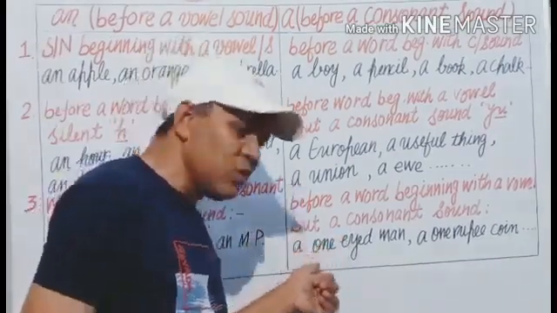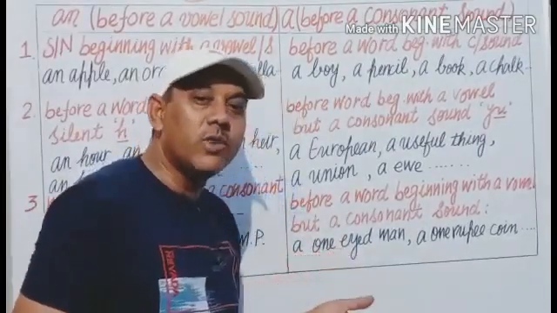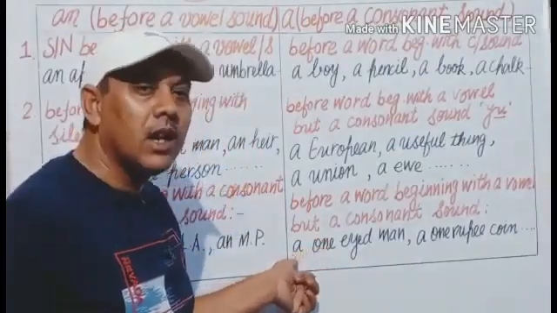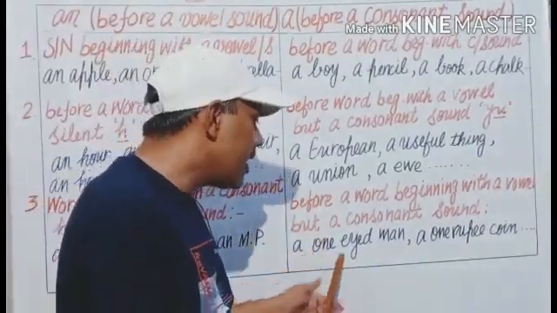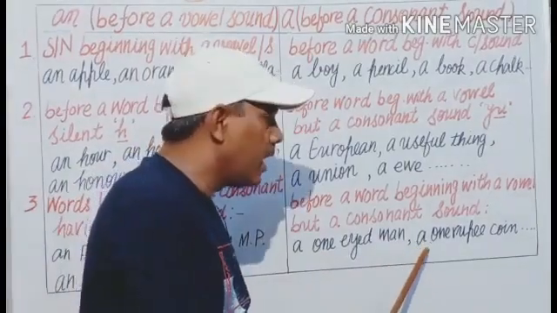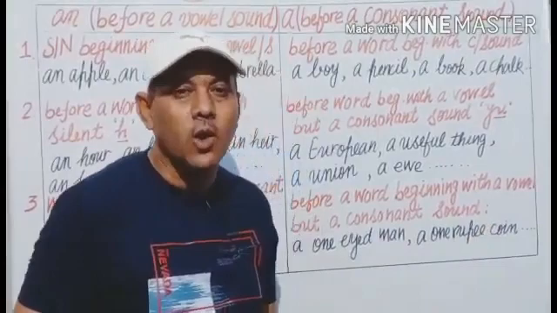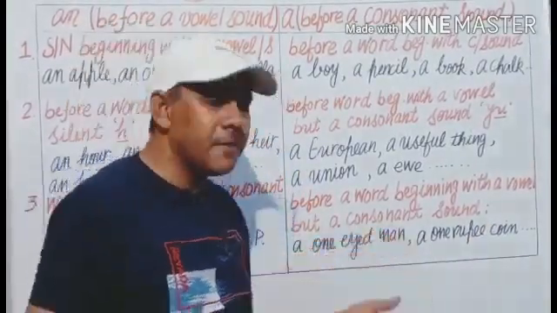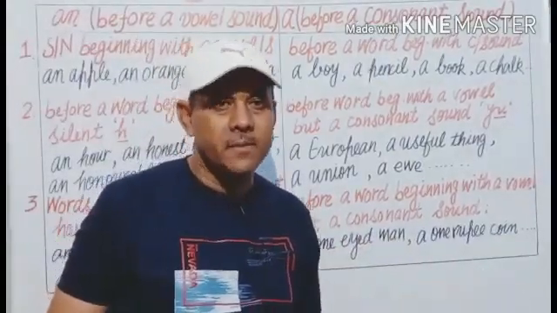But when we pronounce it like one, W sound is a consonant sound. That's why we use a before one. A one-eyed man, a 1 rupee coin, a 1 rupee note. In the same way, a and an are used frequently.